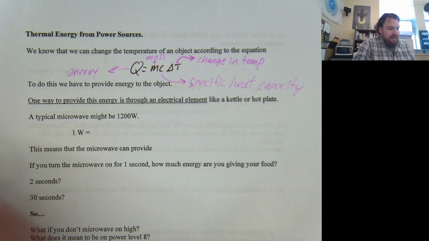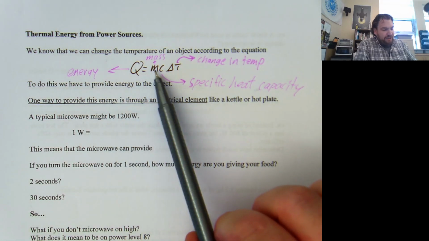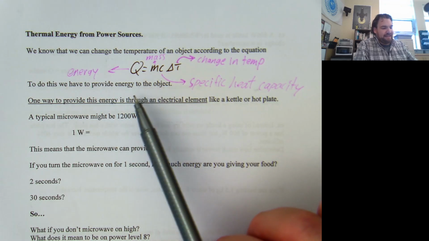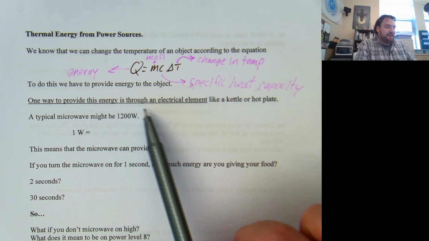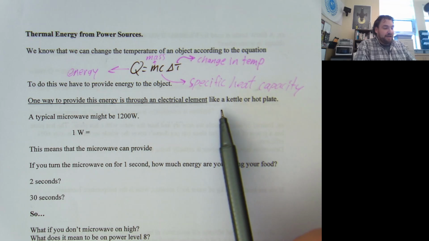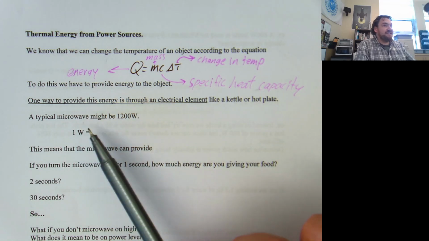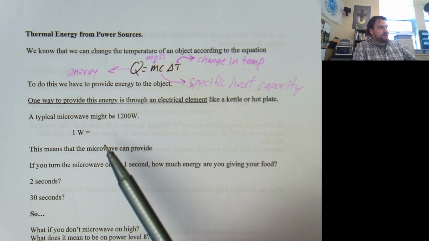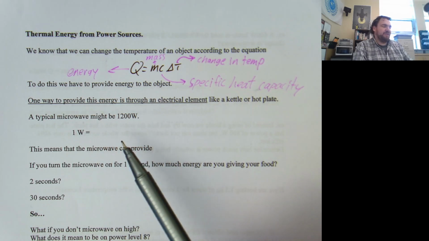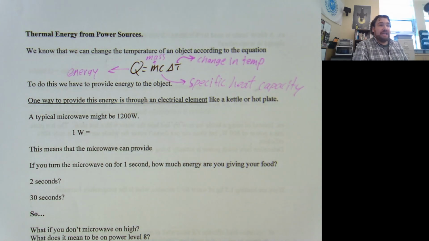But here, let's keep going with it. Q equals mc delta T. To do this, we have to provide energy to the object. We have to get it there somehow. One way to provide the energy is through an electrical element, like a kettle or a hot plate. Another way is through a microwave. Some device is going to convert electrical energy in the wall, or a battery, usually the wall because batteries will just wipe out, into usable thermal energy.